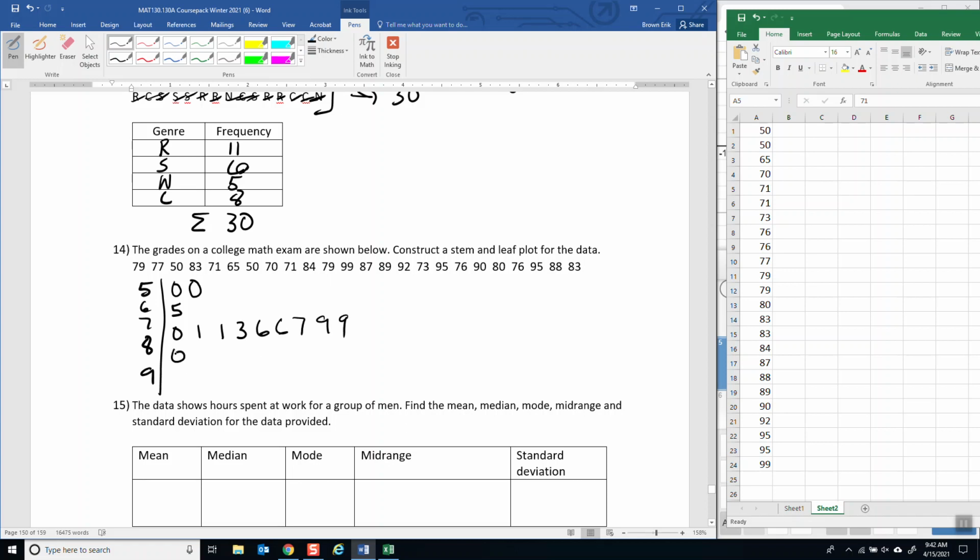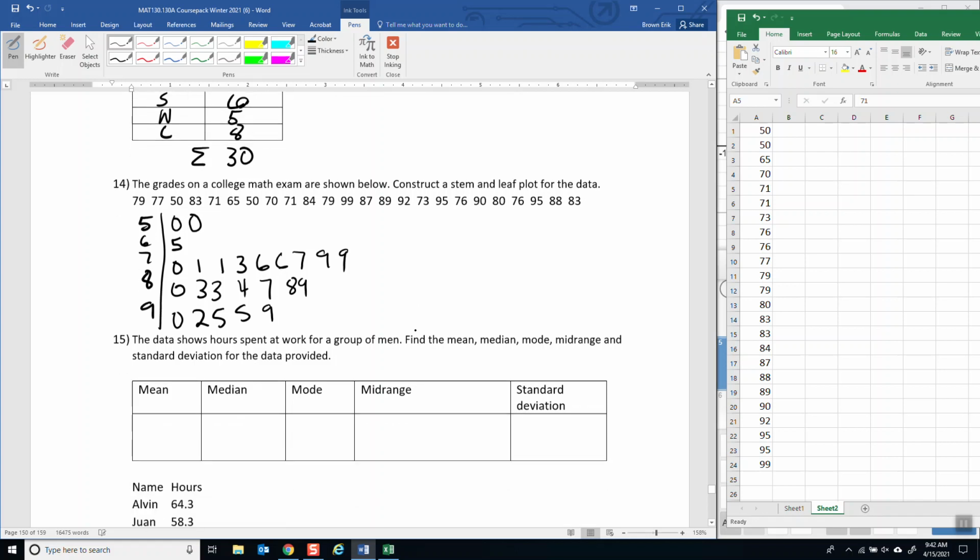And then the 80s, a 0, a 3, a 3, a 4, a 7, an 8, and a 9, and then the 90s, we got a 0, 2, 5, 5, 9. So all of these should line up vertically so you can get a picture of it. So yeah, there's that. Okay.